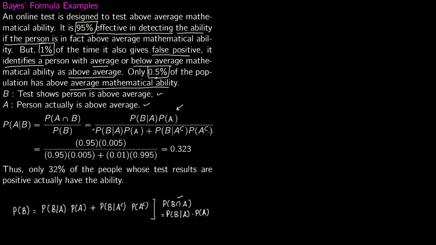So probability of A complement would be 1 minus 0.5, that is 99.5%. That's why you write 0.995 here. So you compute it, you get 0.323. So only 32% of the people whose test results are positive actually have the ability, according to our test, which has 95% effectiveness.